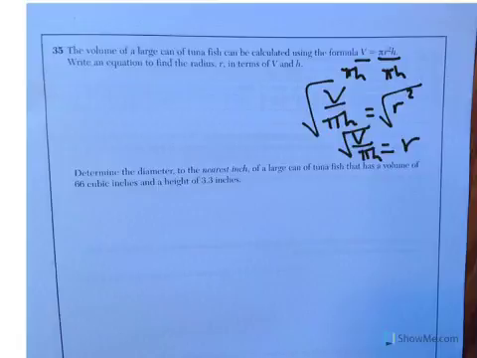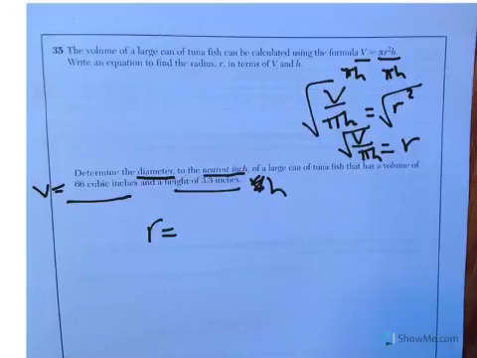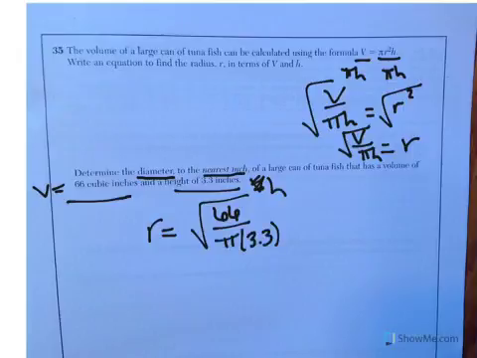Determine the diameter to the nearest inch of a large can of tuna fish that has a volume of 66 cubic inches, that's V, and a height of 3.3, that's my h. So if I plug it into the formula for r, I'll have r equals the square root of 66 divided by pi times 3.3.